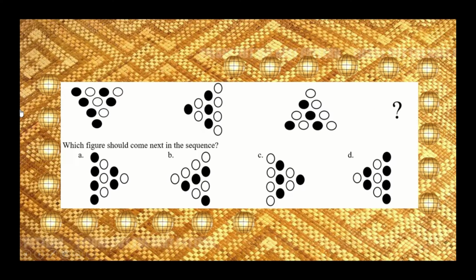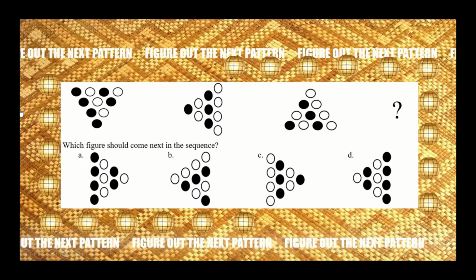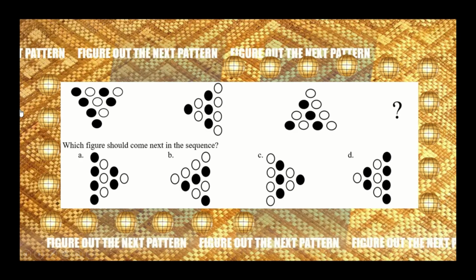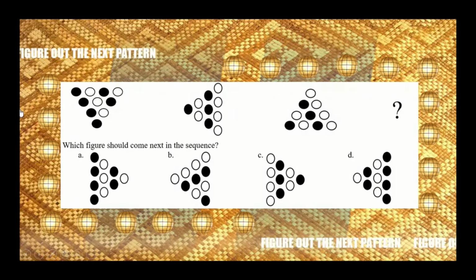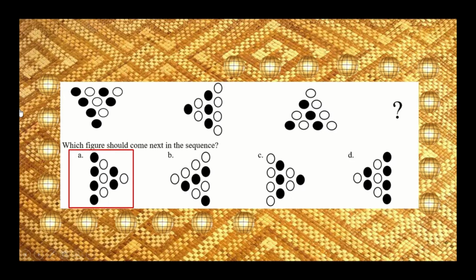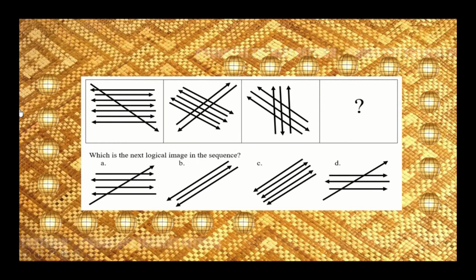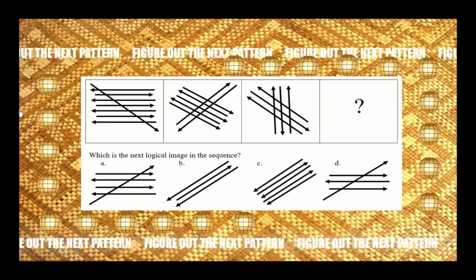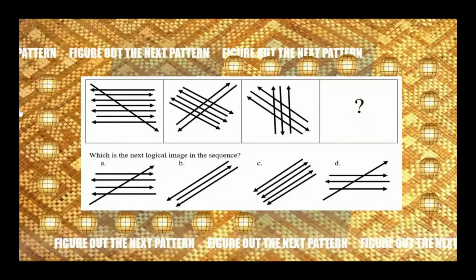Let's have the next one. Observe how the triangle formation of the circles rotate. And the figure next in the sequence is letter A, which is the next logical image in this last sequence.